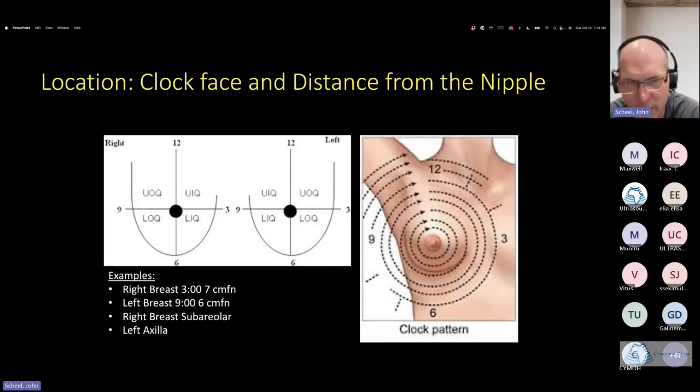The reason the convention is to do it in this order is that older ultrasound machines don't allow you to change individual words. They force you to delete the entire sentence. So if you put 3 o'clock first and then 7 centimeters from the nipple and then right breast and then trans or longitudinal or whatever you put at the end, in order for you to change the 7 centimeters from nipple or 3 o'clock or trans to longi, you have to delete the entire sentence, and that just becomes very cumbersome.